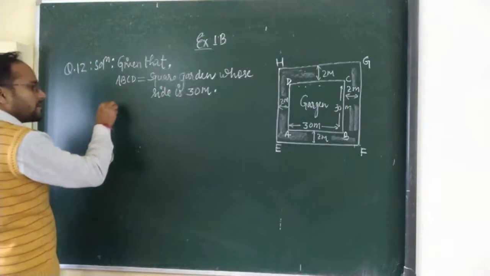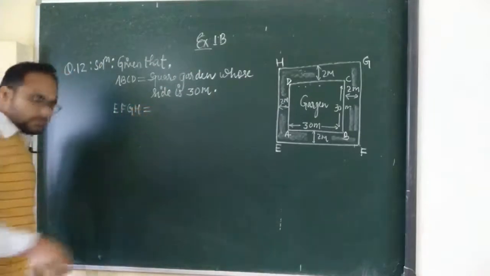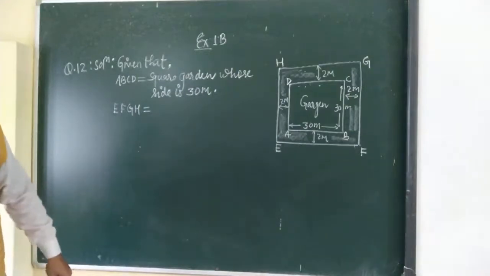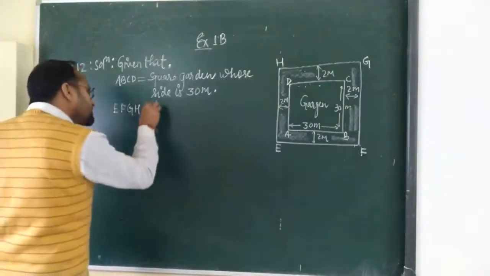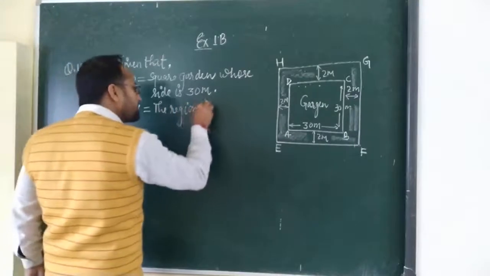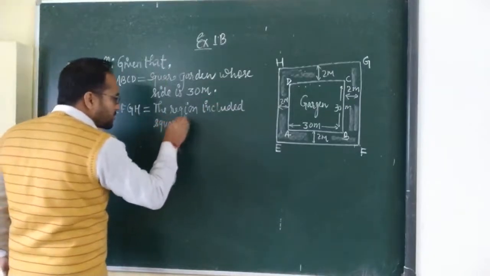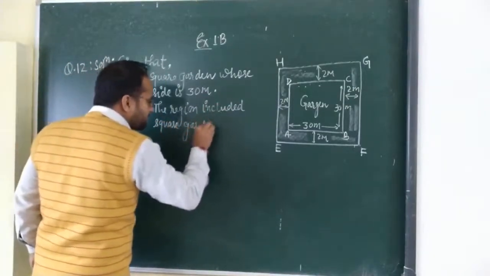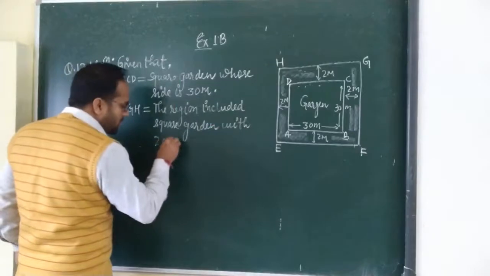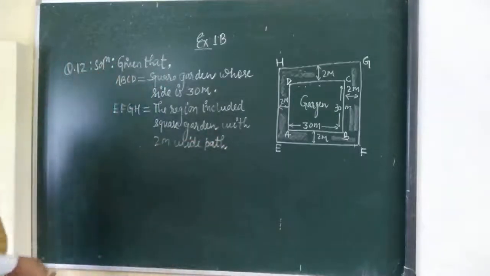Now E, F, G, H is the square region including the square garden with the 2 meter wide path. 2 meter wide path.